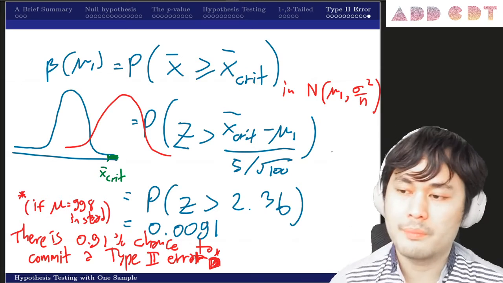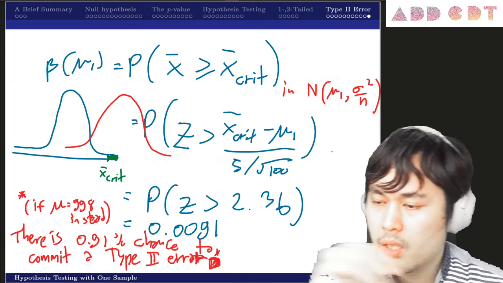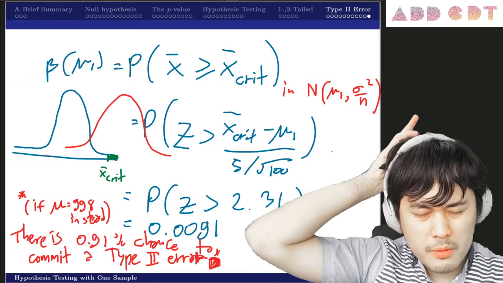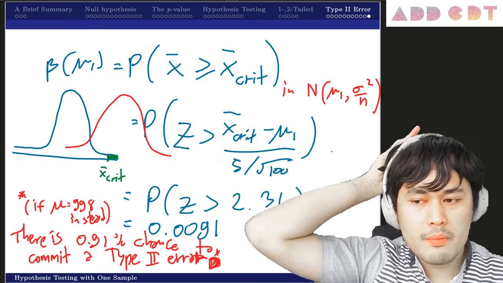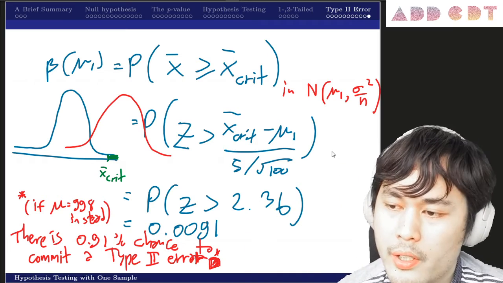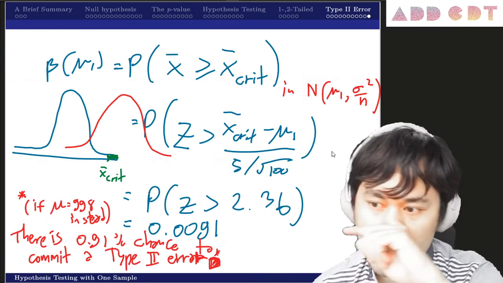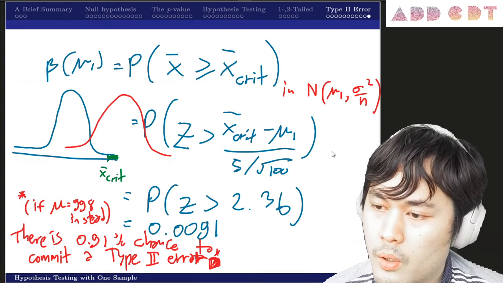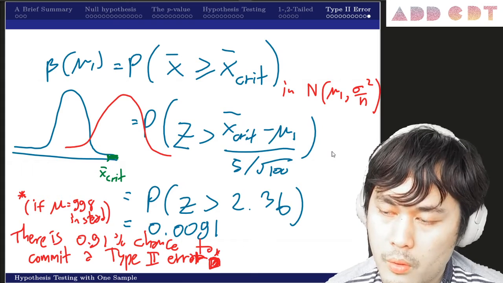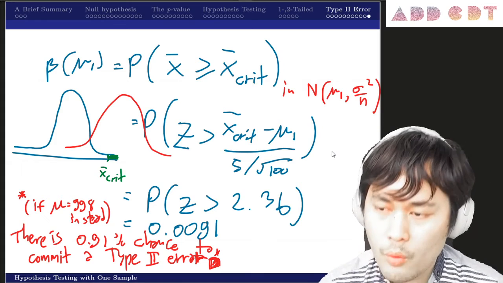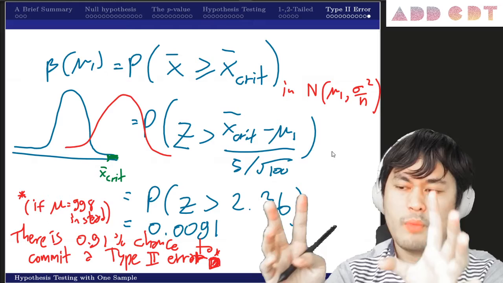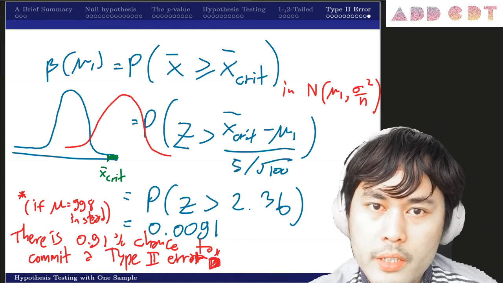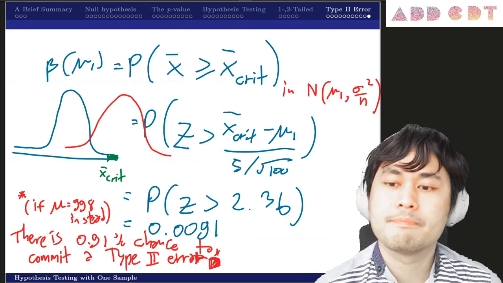But again, I suggest that whenever you do these kinds of problems, start with drawing the curves and determine exactly what each number represents, what area or what value we are trying to find in this image, before you go to the number side. So I think that's it for this week.